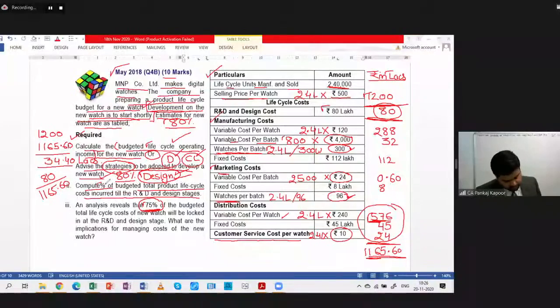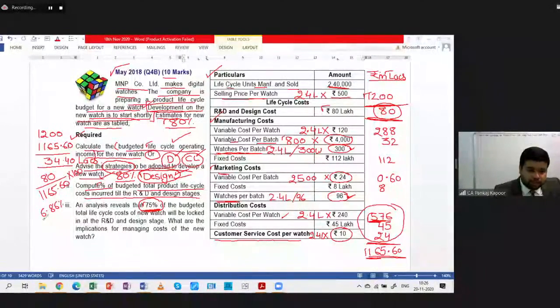Quickly answer this, all my friends. What is the percentage of the R&D and design cost? It is only 6.86%. Absolutely correct, those who are sending the answer.